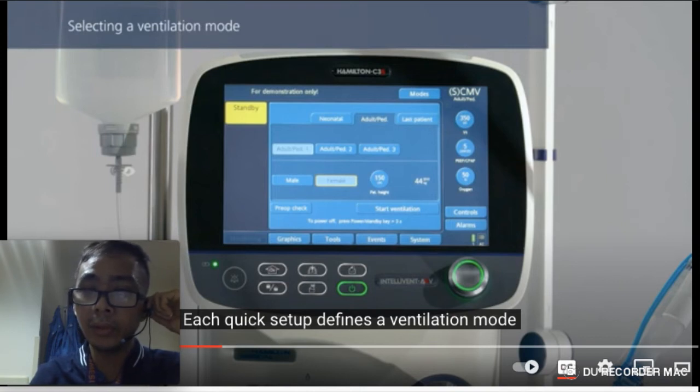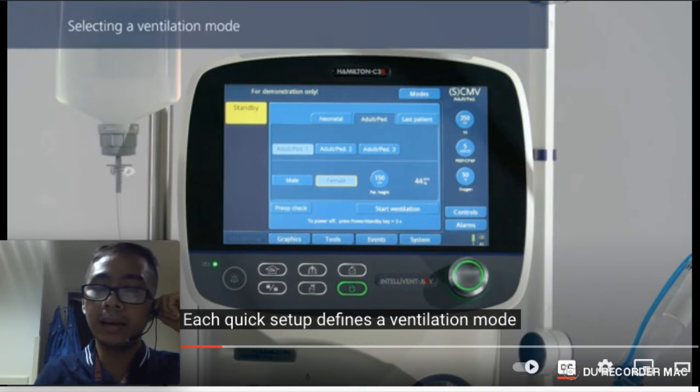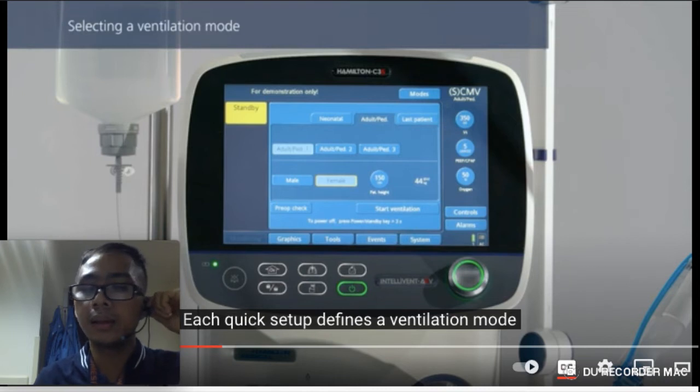Kasi pag if you on, the default will be, again, I repeat, it will be based on the last previous patient data. Pero always set to a new patient. So if you're still on the parameters or in the pre-operation pa lang na sineset up ang ventilator, always choose or better to choose new patient.